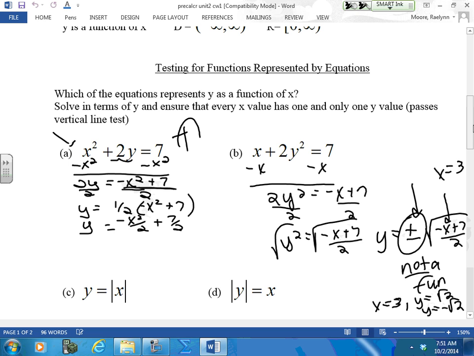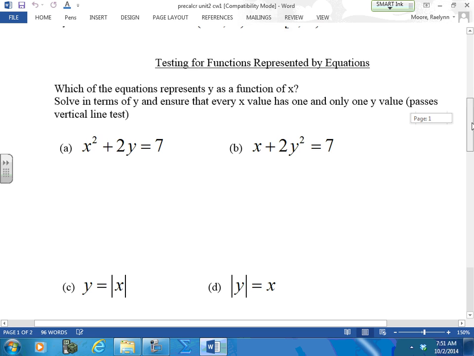So this x has 2 different y's. This parabola is opening this way, to the left, and we're going to investigate these a lot more when we talk parabolas. So we can see that it does not pass a vertical line test. Every x is assigned to more than one y. Okay?